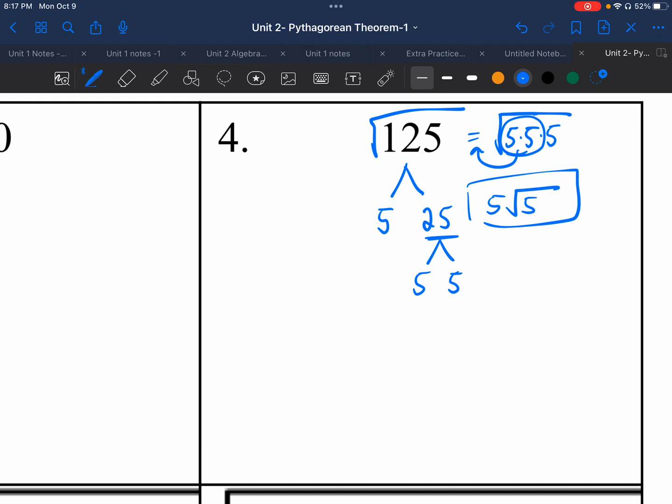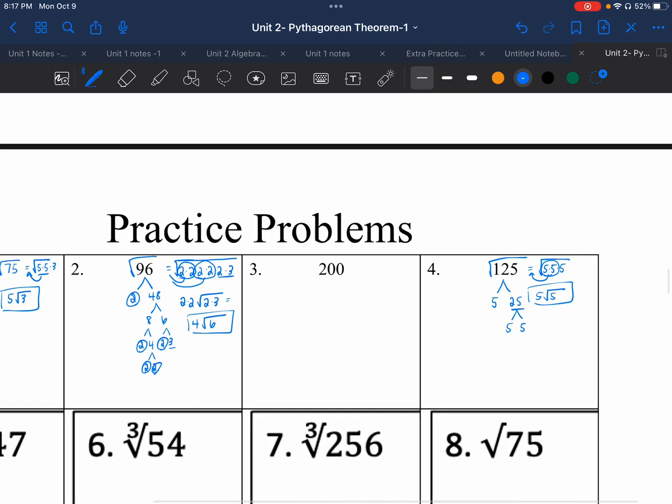Hopefully this was helpful in understanding how to simplify our square roots. We will do simplifying cube roots in class, and I will also have another video so that you can practice.